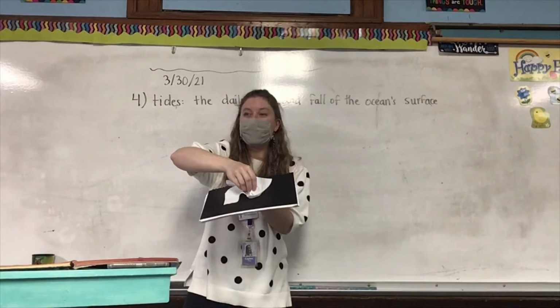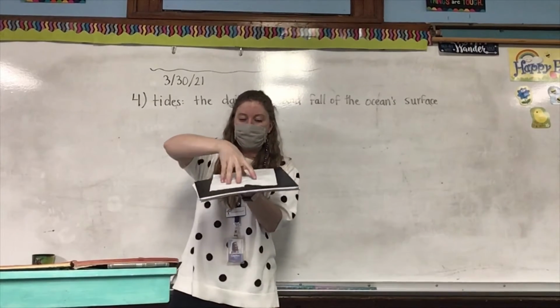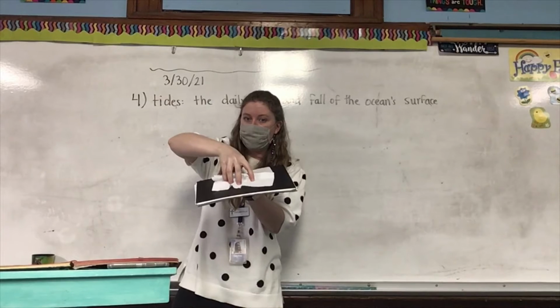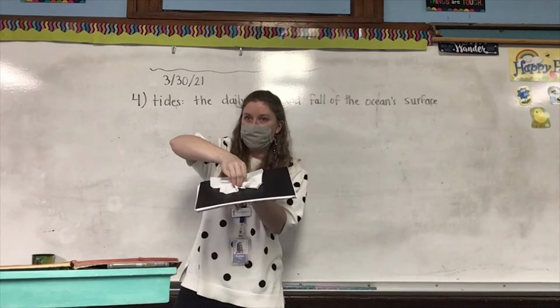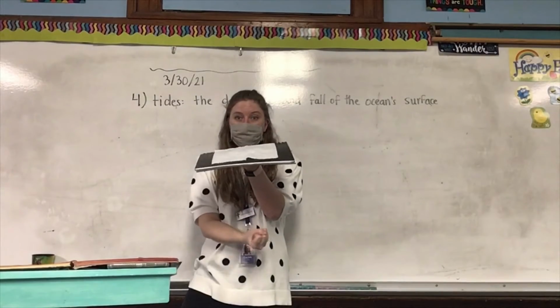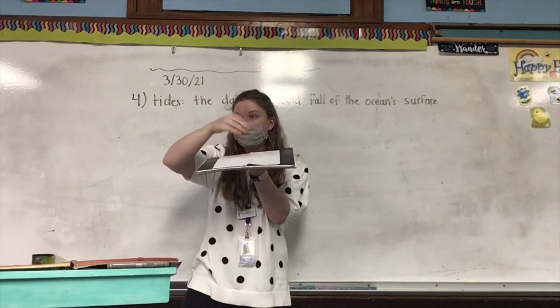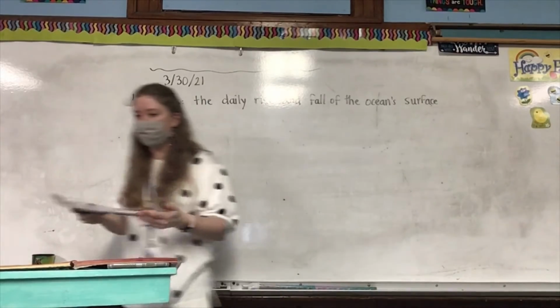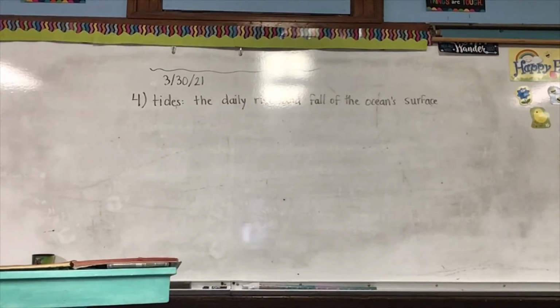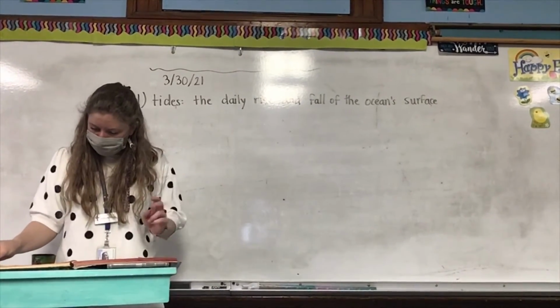Okay? So does everybody kind of understand the high tide and low tide? The moon is pulling it out, it's bulging, so it's low tide. The water is further out. Here, the moon's on the other side, and the water, it's high tide. Okay. Just put this back.